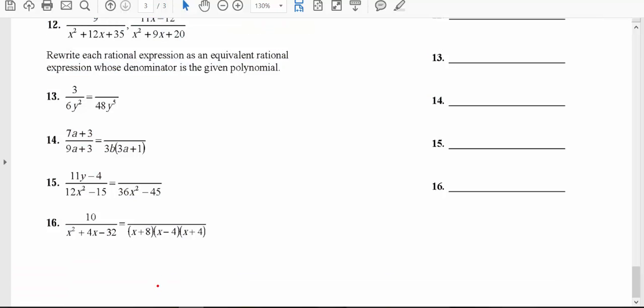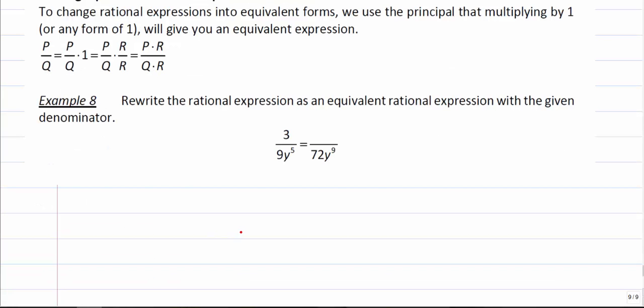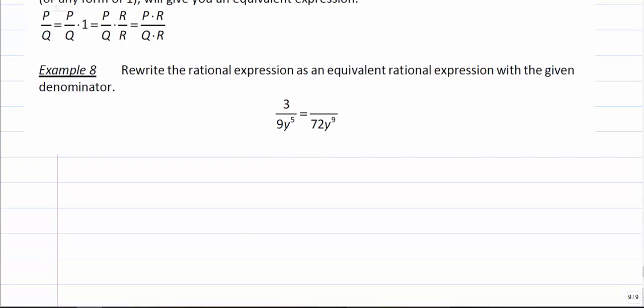And so basically what you do in a situation like this, what I do is I ask myself, what do I multiply this by to get 72y to the 9th? So if I have 9y to the 5th, what do I multiply 9 by to give me 72?